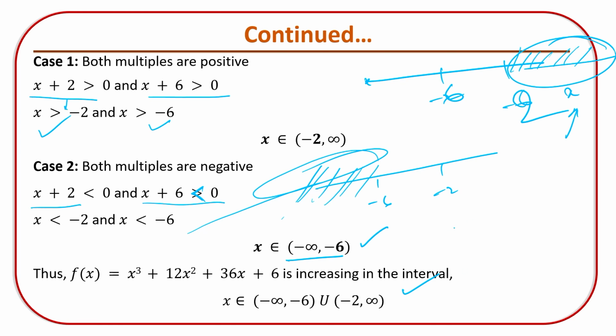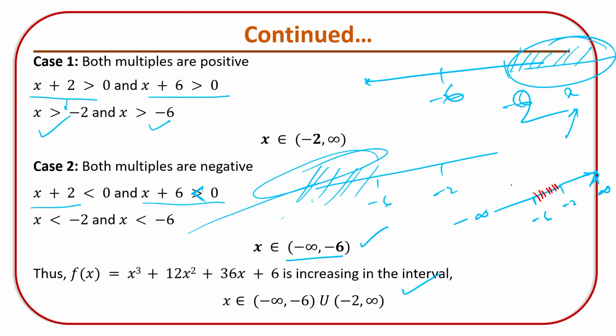So we have two intervals for which the function is increasing, that is minus infinity to minus 6, and then we have minus 2 to infinity, right? So except minus 6 to minus 2, the function is an increasing function.